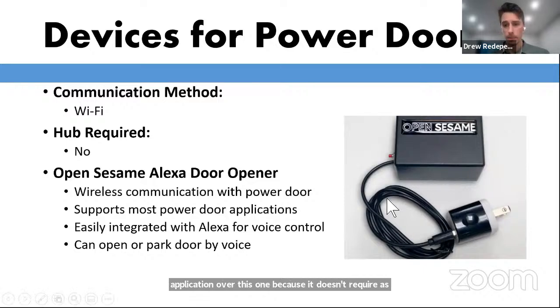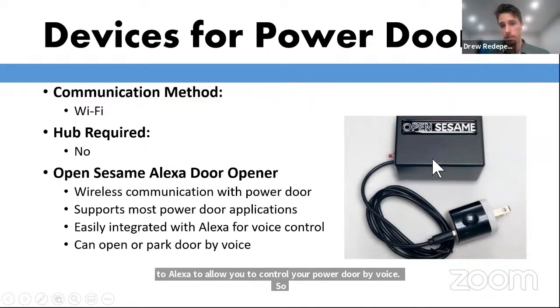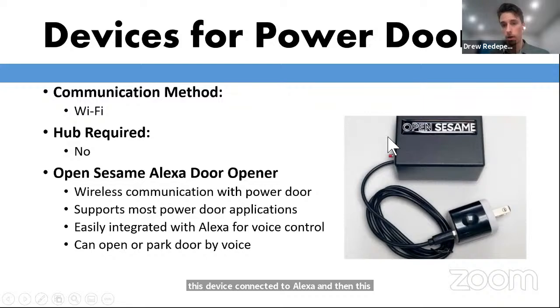The company Open Sesame recently released a wireless power door opener. This device has a little remote built inside of it, it's wireless, and it connects directly to Alexa to allow you to control your power door by voice. The device connects to Alexa and sends a radio frequency signal to your door, so it acts like a little radio frequency remote control for your door.